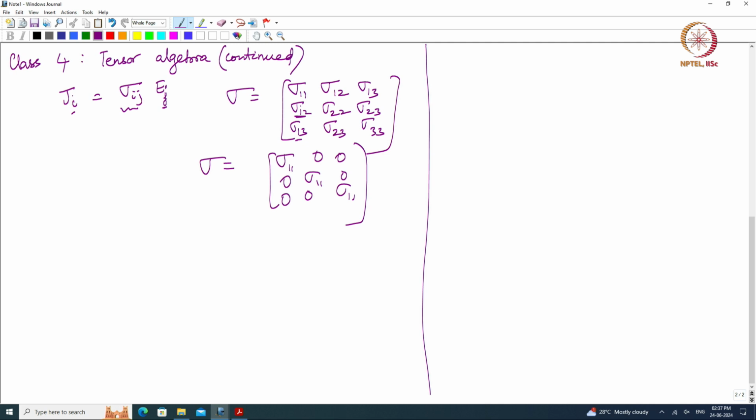So this second rank tensor is an isotropic tensor. It is the same in all directions. Now if I look at rho, the resistivity, sigma is just written as rho inverse.